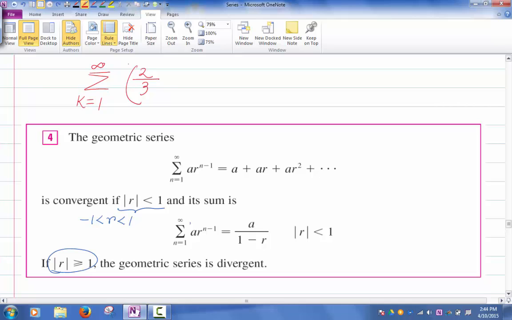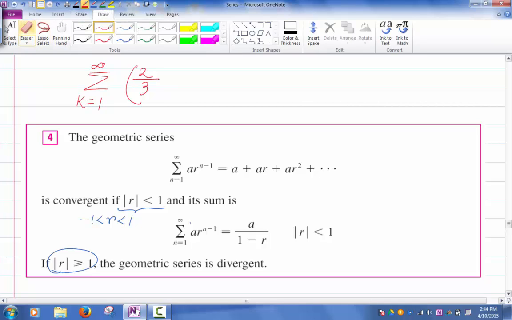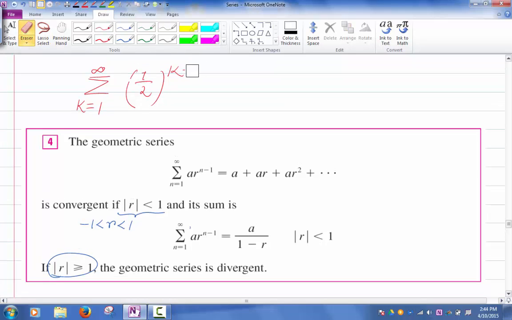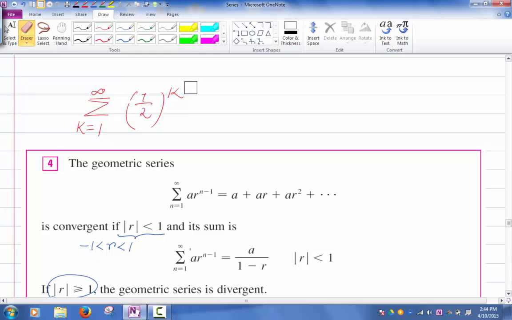You know what? Let me first use a simple case here. Let's say half to the k. No, let me use just k minus 1 was easier, but let's make it k.